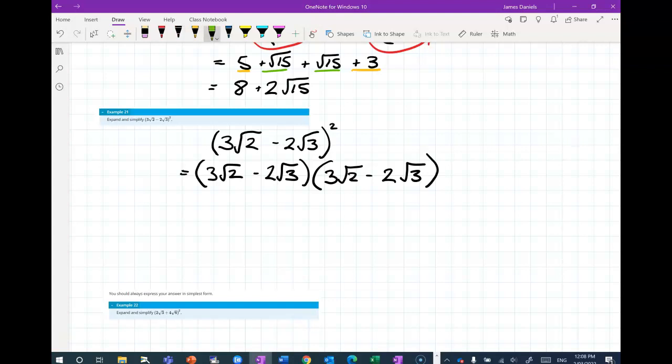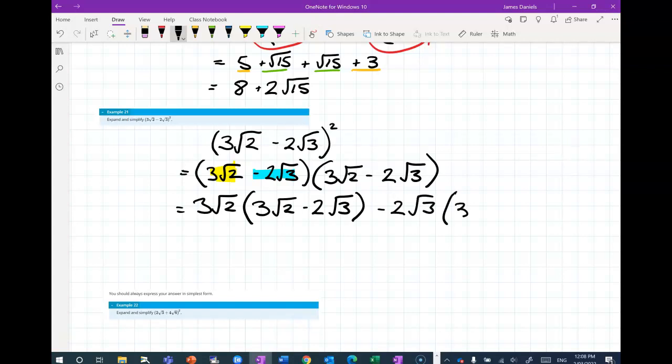We're going to take our first term and multiply it by the second brackets. We're going to take the second term. Notice I took the negative with it. We're going to have minus 2 root 3 brackets 3 root 2 minus 2 root 3.